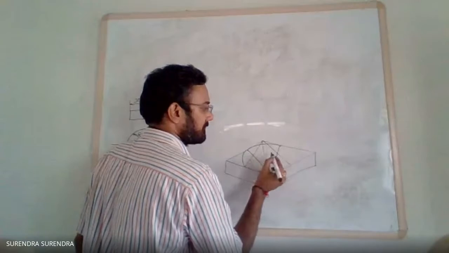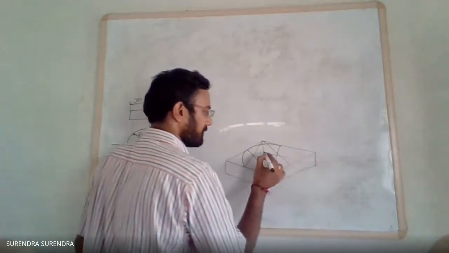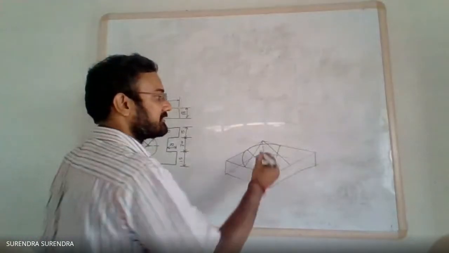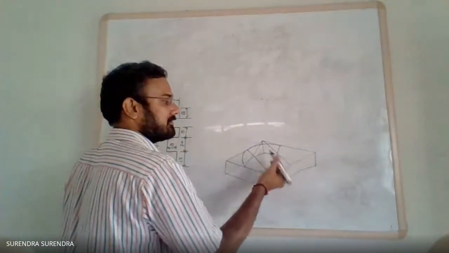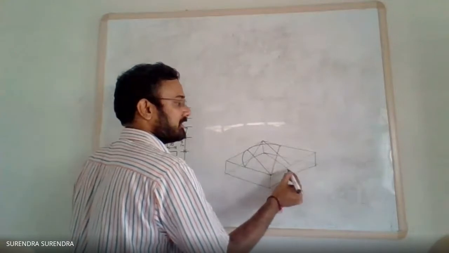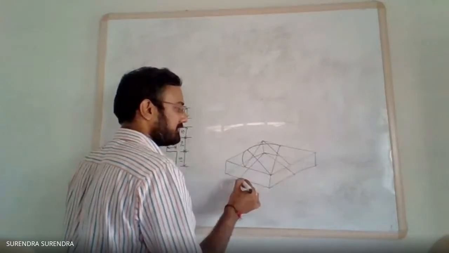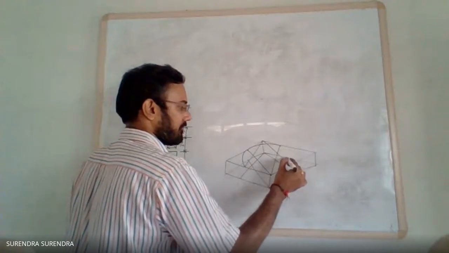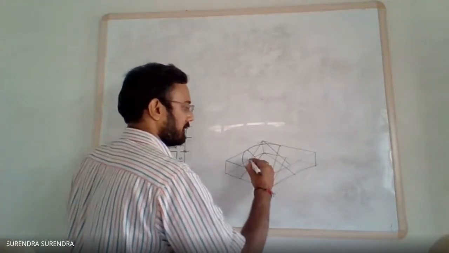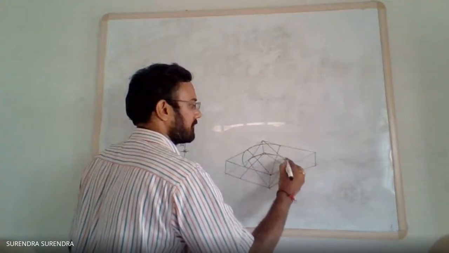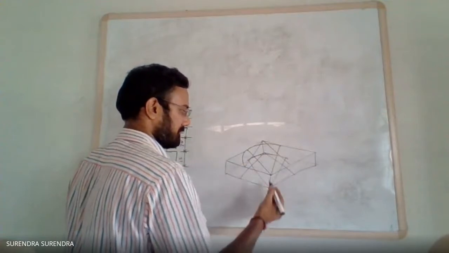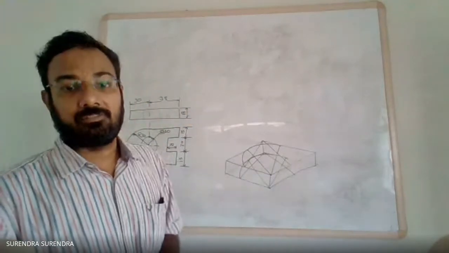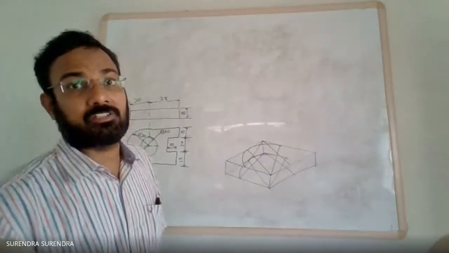Join the shorter diagonal to the opposite side midpoint and draw the semicircle. Draw everything with a 2H pencil.